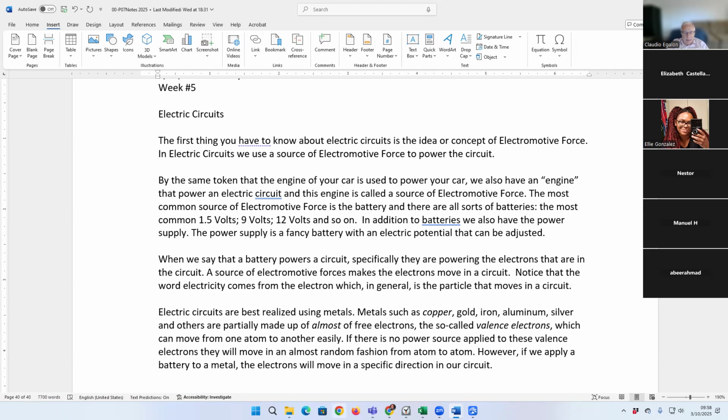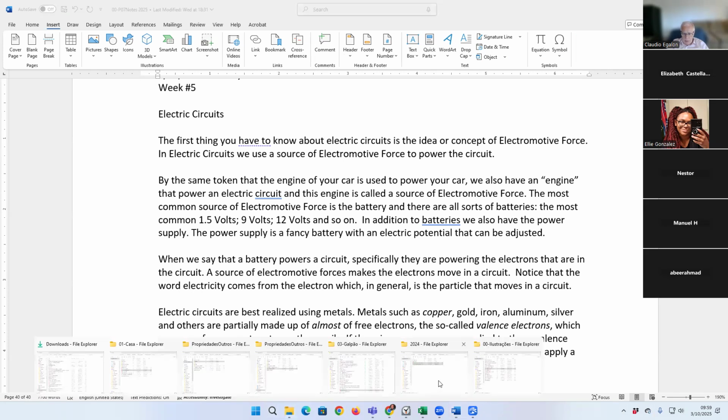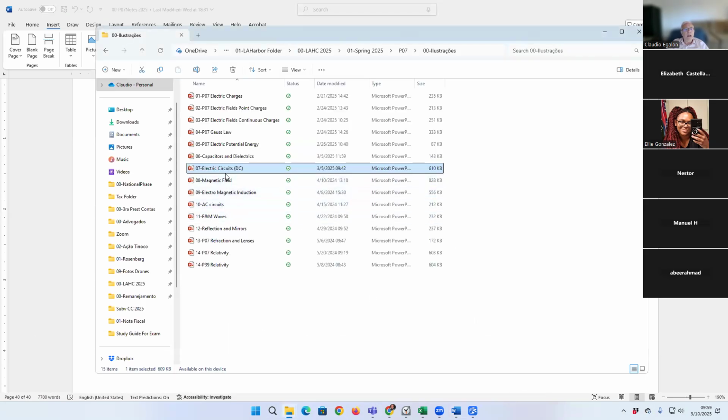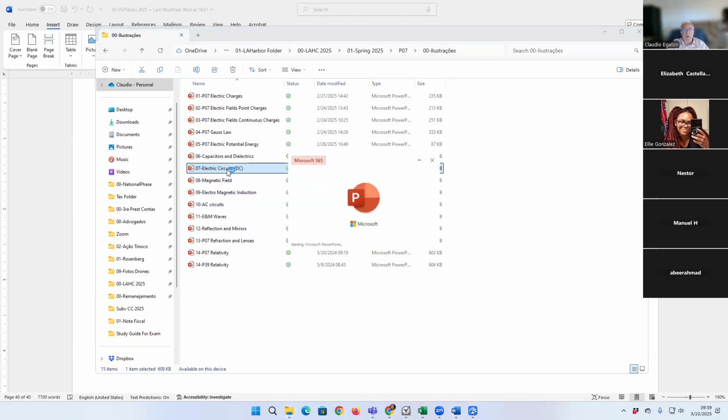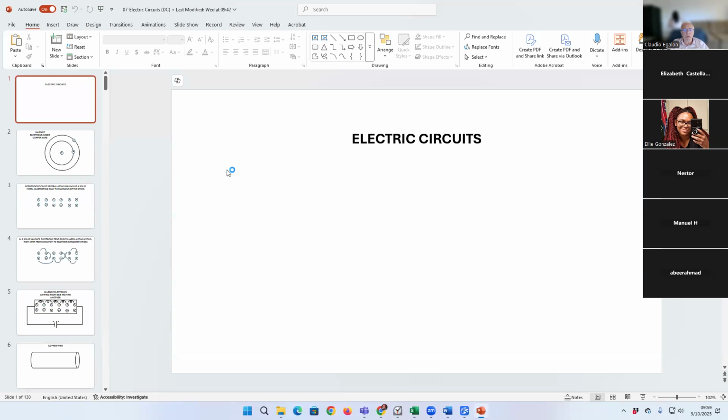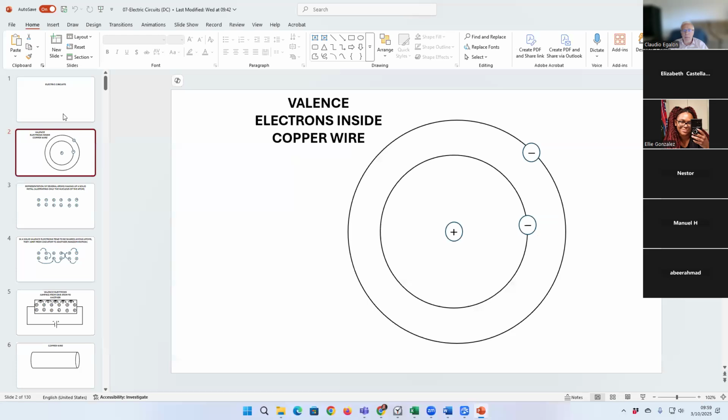Let me get one drawing here for you, my illustrations. Illustrations are very good to grasp concepts, that's why we use them. So let's start with my electric circuit here. Before we get into the electric circuit, we have to review the concept of an atom. That's a very good model of an atom.